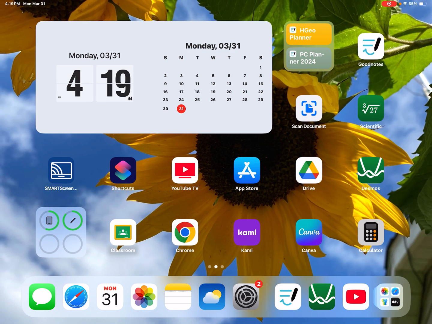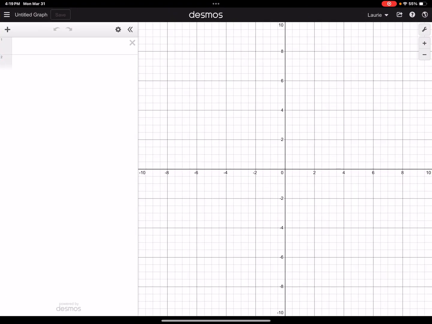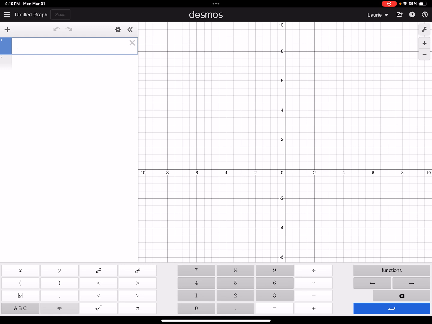All right, so I'm going to go into Desmos, and I'm going to type out my equations. The first one is a circle. You have x to the second power plus y to the second power. Everyone should be practicing this, because again, what if this is on the SAT?